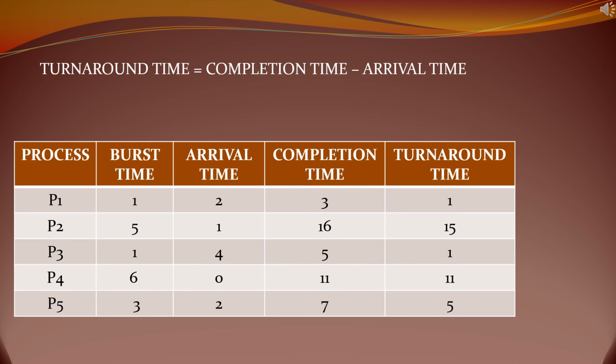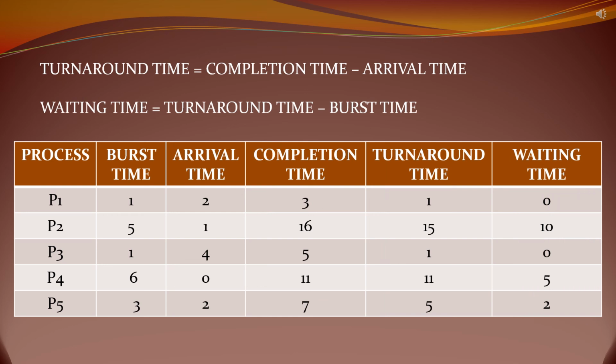From the formula, turnaround time equals completion time minus arrival time, we got the turnaround time for P1 is 3 minus 2 equal to 1. For P2 it is 16 minus 1 equal to 15. For P3 it is 5 minus 4 equal to 1. For P4 it is 11 minus 0 equal to 11. And for P5 the turnaround time is 7 minus 2 equal to 5.